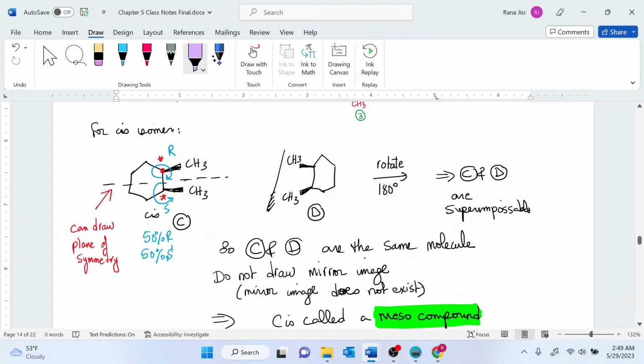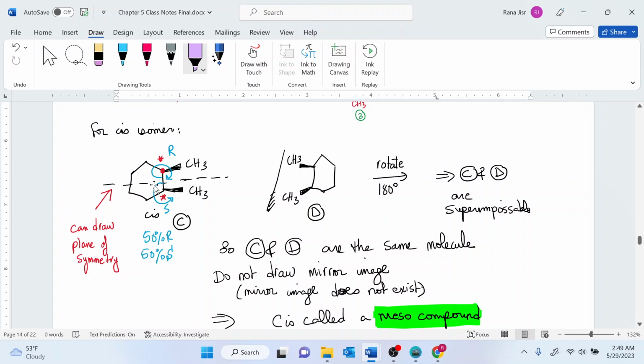So the idea is that 50% of the chiral centers need to be R, the other 50% S, which makes sense because this acts like a mirror. So if it's a mirror, then you should see the opposite configuration of the second stereocenter in there. So always meso has RS configuration, 50-50.